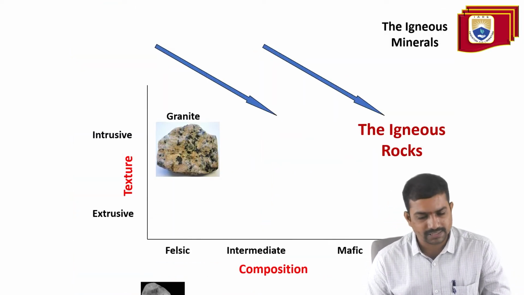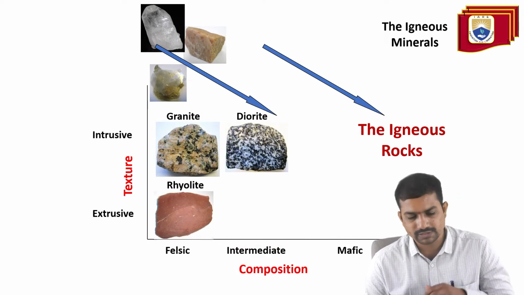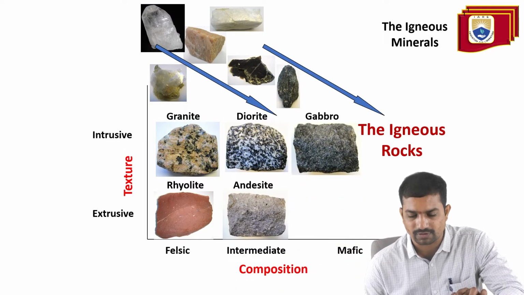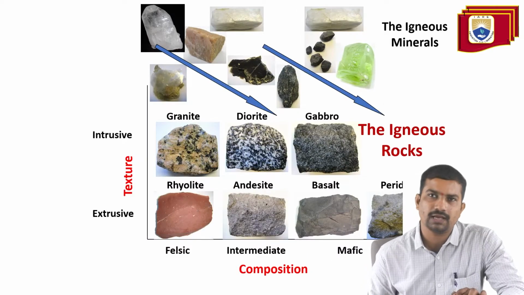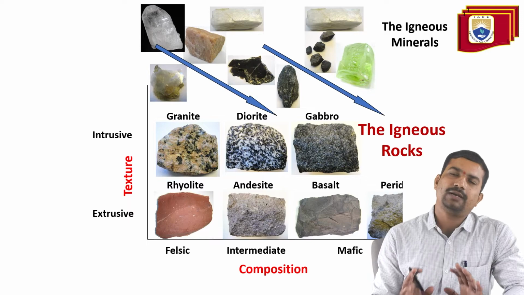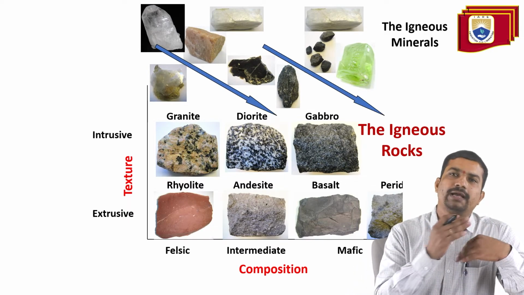So we can see intrusive and extrusive type of rocks. These are intrusive rocks and these are the extrusive rocks. All of this rock family belongs to igneous rocks only. It only depends on the type of formation, whether it is an intrusive rock or extrusive rock.